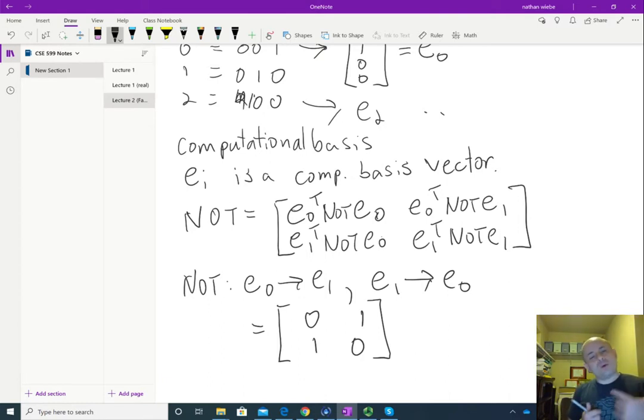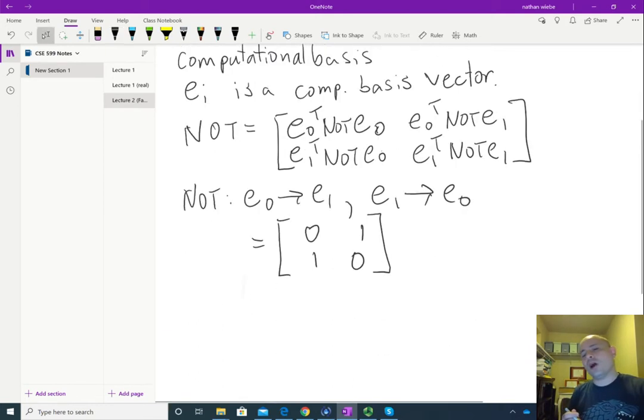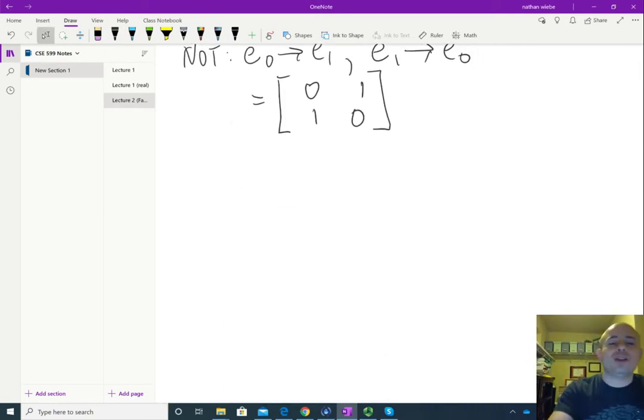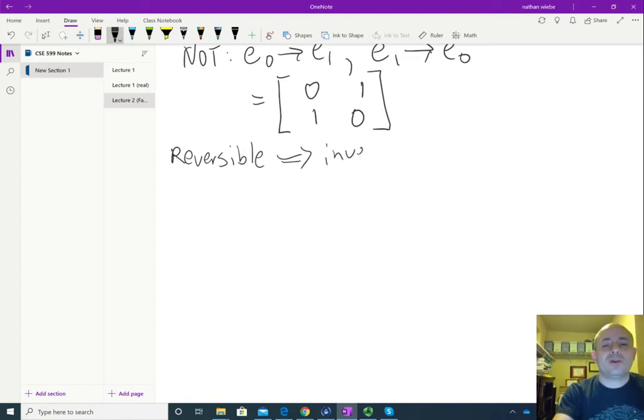That's how we can represent operations that we're used to as matrices. And so the question is, what's the linear algebraic structure of these reversible operations? If you recall, a reversible operation, I basically said, is an operation that we can invert. So reversible implies invertible.